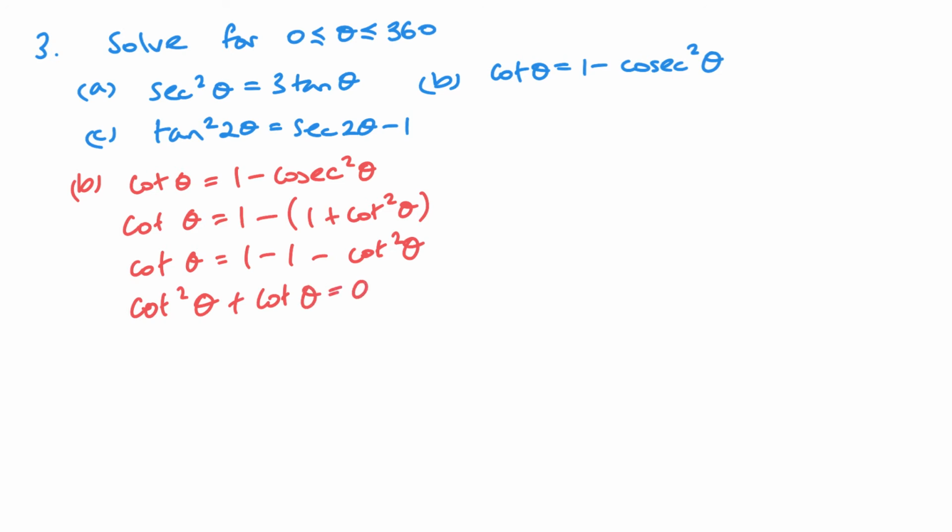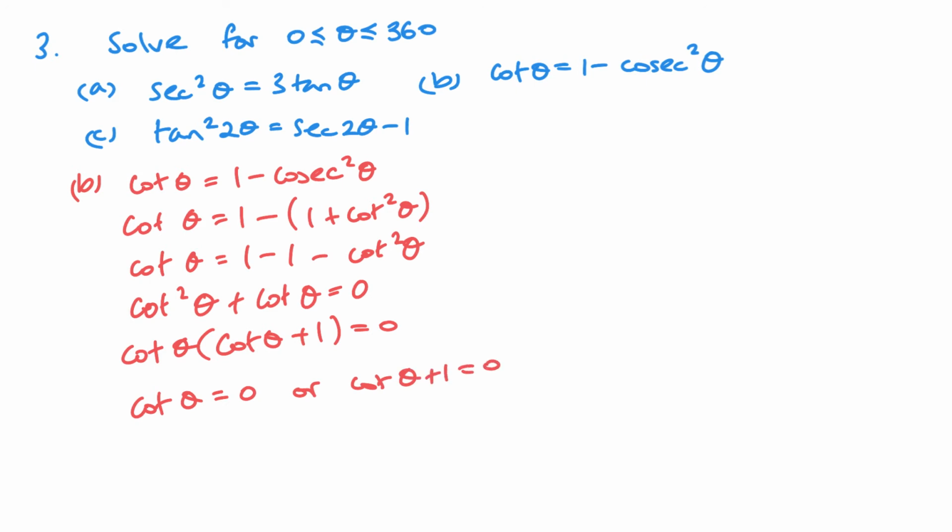Now it's quite important here again that we factorize, not divide through by cot. So cot theta times cot theta plus 1 equals 0. So cot theta equals 0, or cot theta plus 1 equals 0, where cot theta equals -1. Now, cot theta equals 0 doesn't exist.